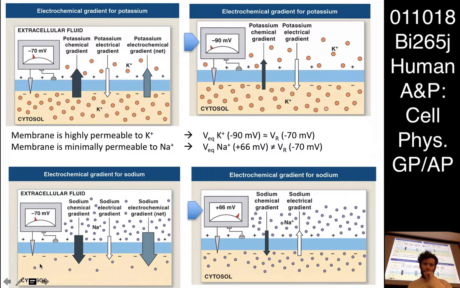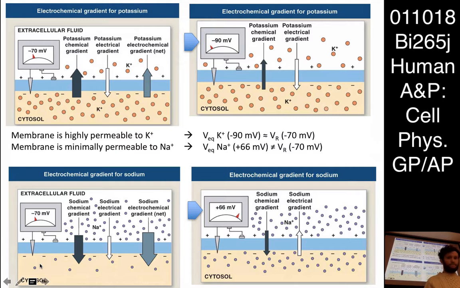It wants it to go inside because there is a net positive charge on the outside. Even though there's all this potassium inside, there's more sodium on the outside because I pumped 3 sodium out for every 2 potassium I brought in. So there's a buildup of positive charge out there in the white.